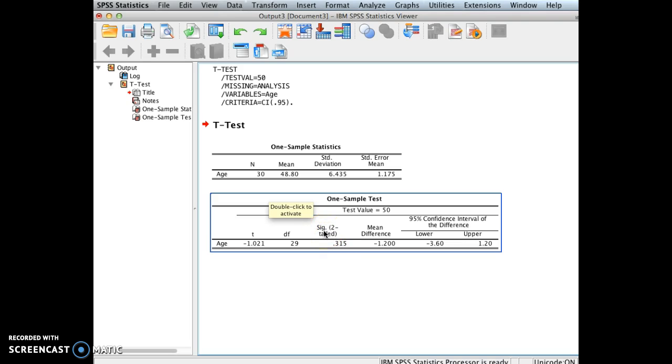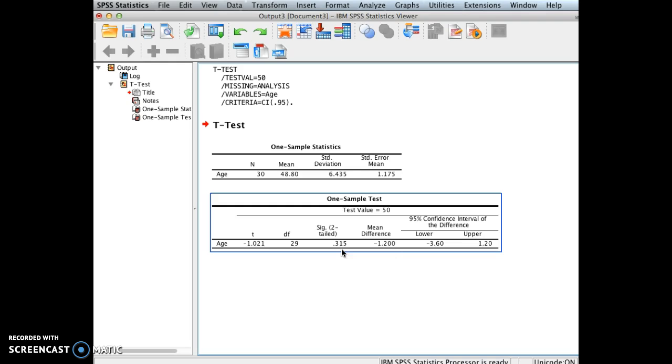Sig means the observed probability value associated with this t ratio. That's 0.315. That means if we take 100 samples of this size, we would expect a mean difference this large about 31.5 times, if the null is true, which is quite usual.